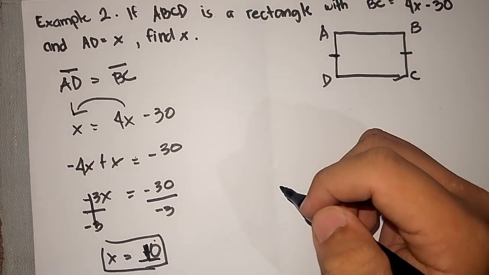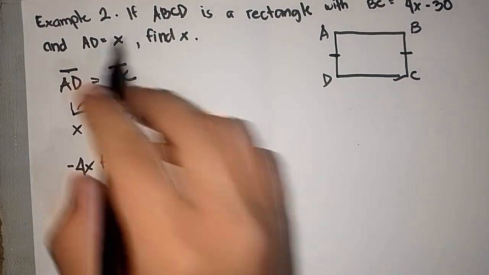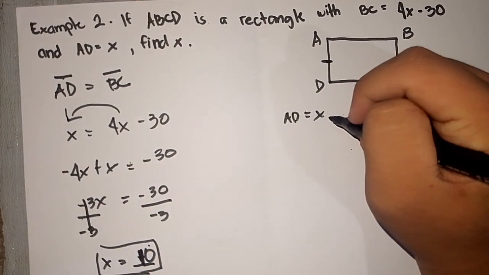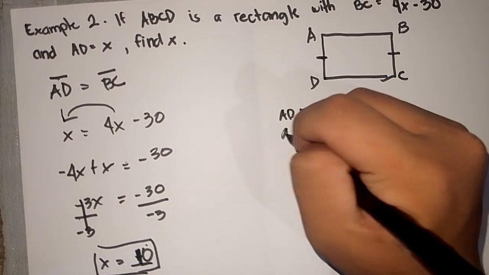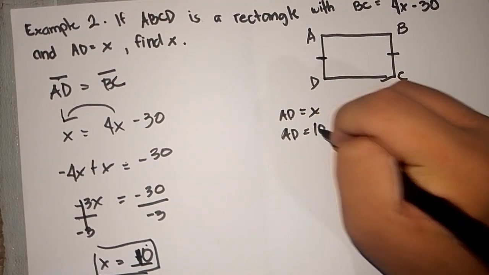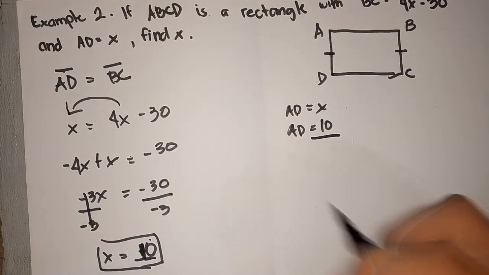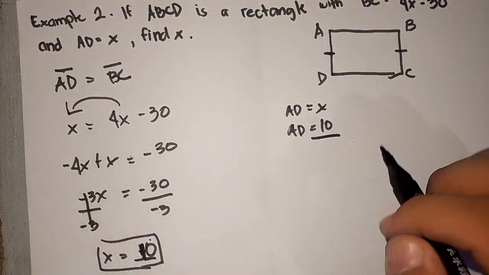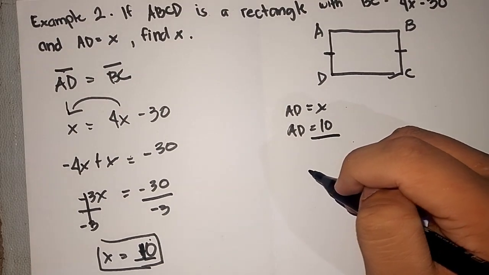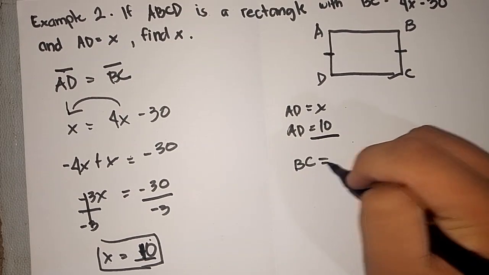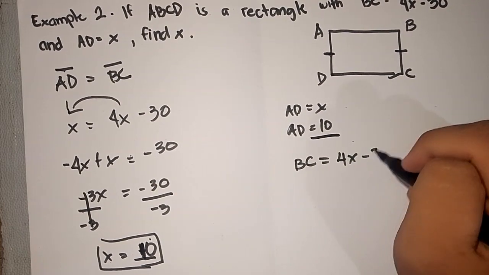Now, let's check. AD is x, so AD is equal to 10. BC should be the same. BC is 4x minus 30.